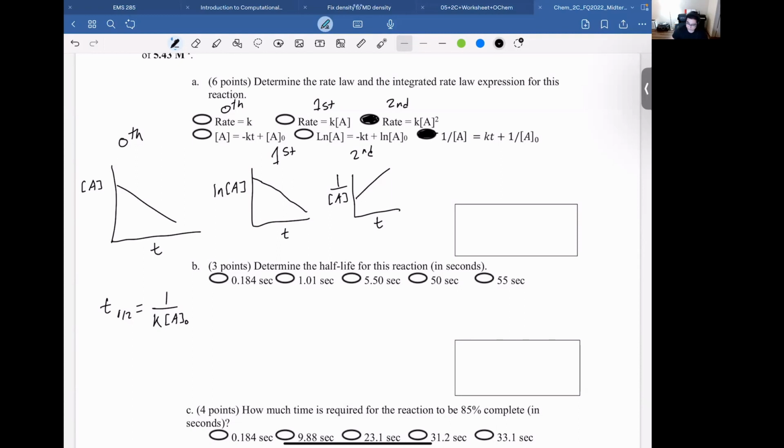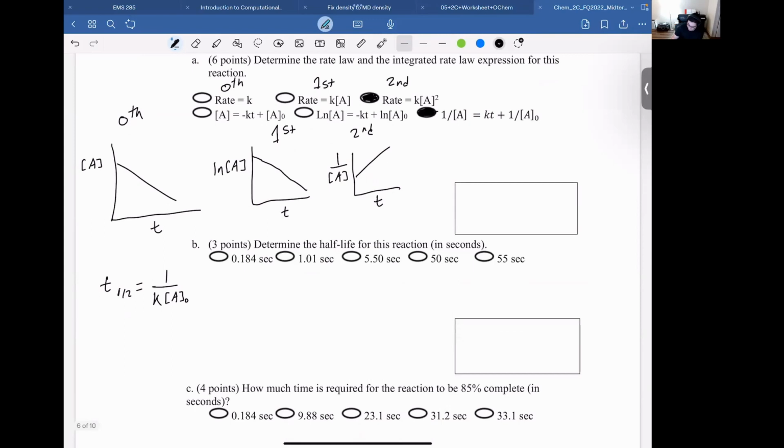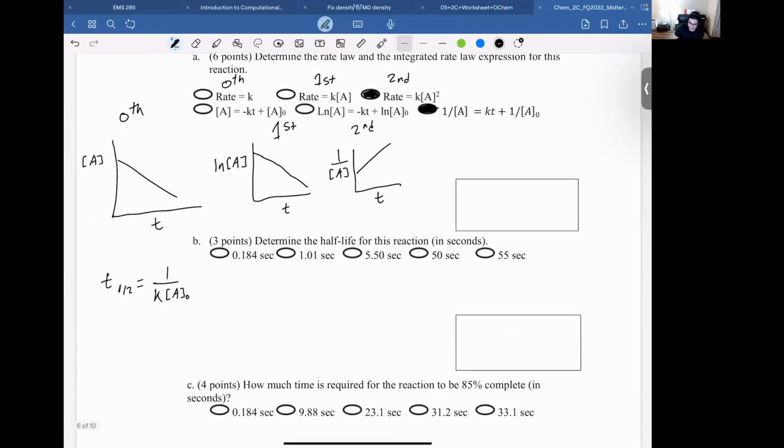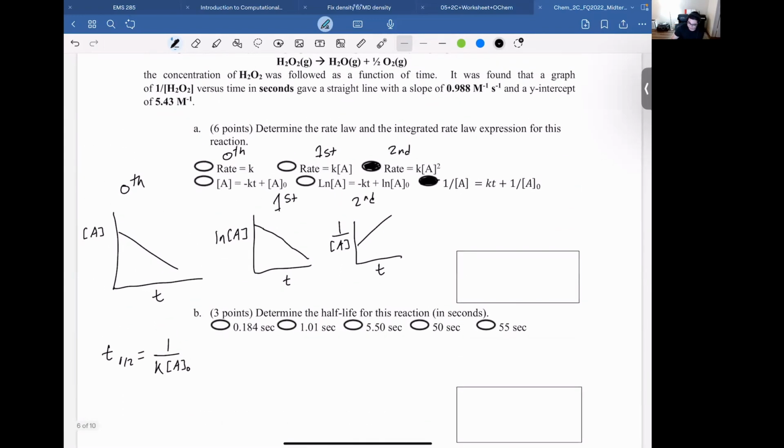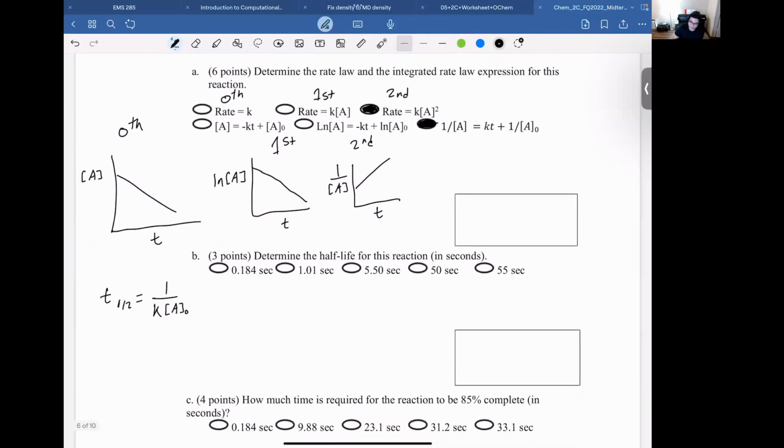So once you have this formula, you need K. You also need the initial concentration to determine the half-life. They don't tell you what the initial concentration is. So let's break this up.